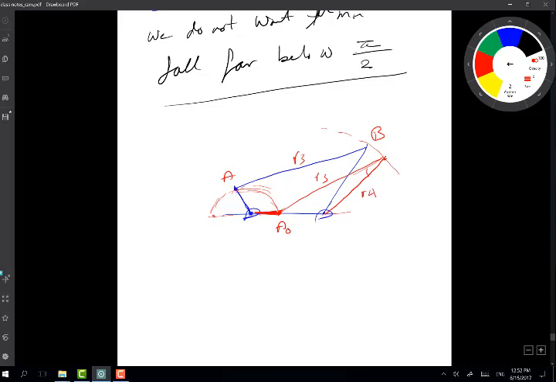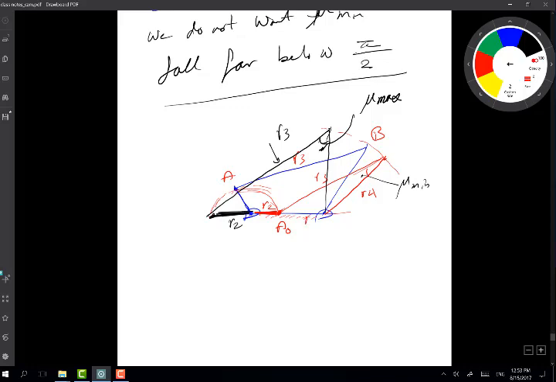When this is horizontal, when R2 falls on top of R1, I get mu minimum. The other situation, when R2 is like that and this is R3, I get mu max. Those are the minimum and maximum values of mu.